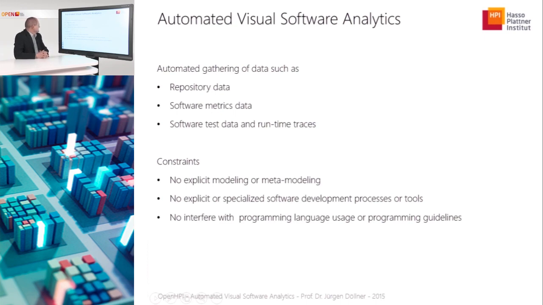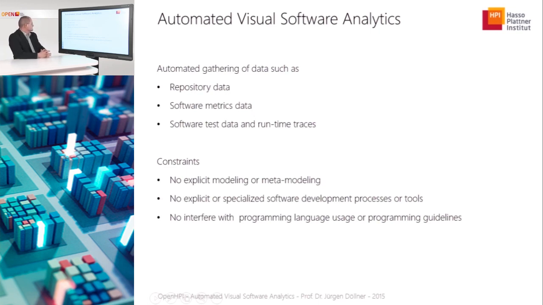Automated visual software analytics relies, as already said, on the automatic gathering of data, such as data from repositories, from measurements of certain software metrics, and the results of software tests and runtime traces.